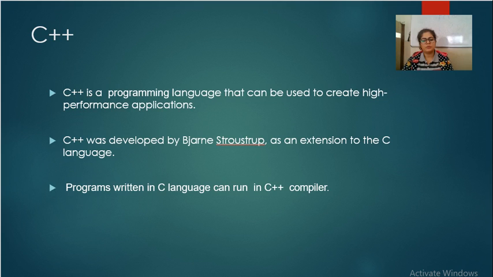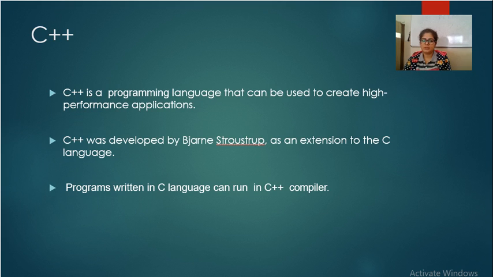Next, programs written in C or C++ language can be run by using a C++ compiler. Whenever we have to run a C++ program, we always have to make use of a compiler. Now students, what is a compiler and why do we use a compiler?